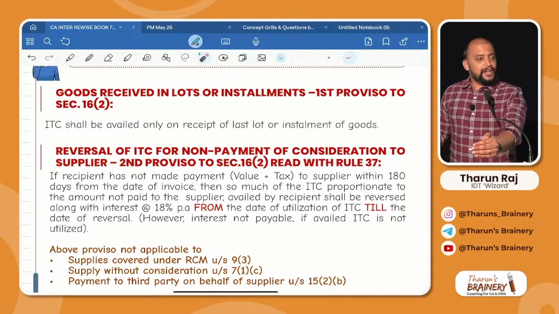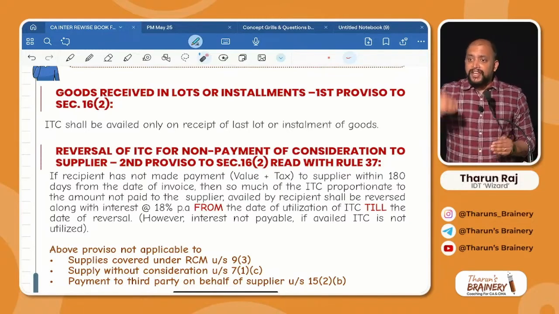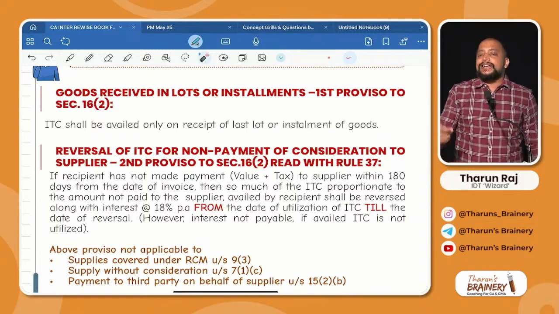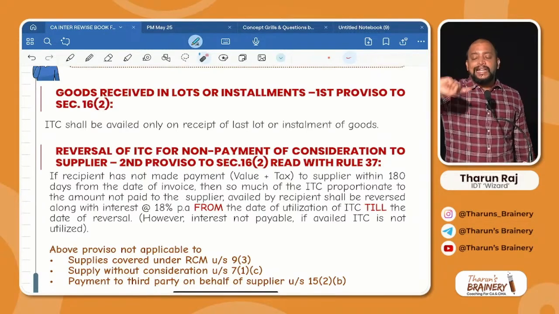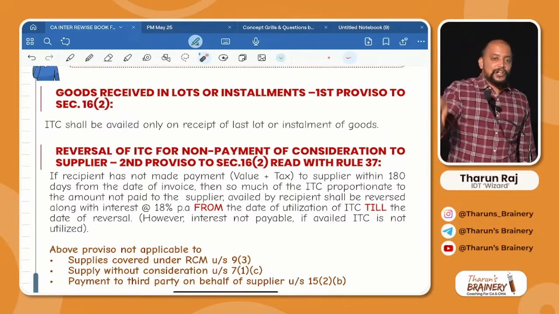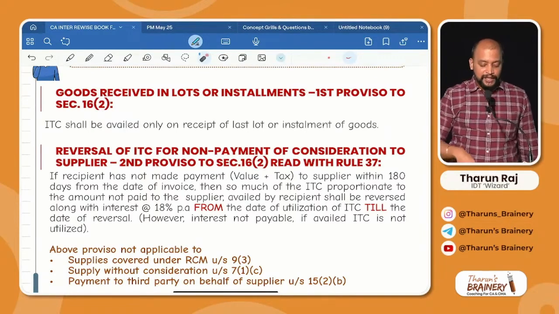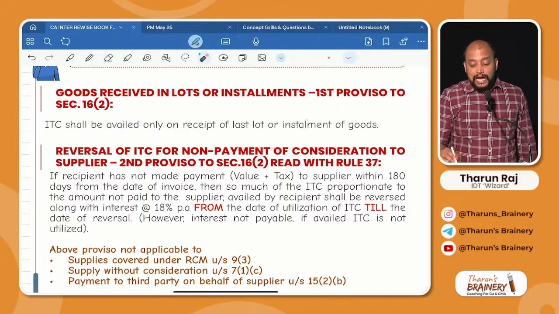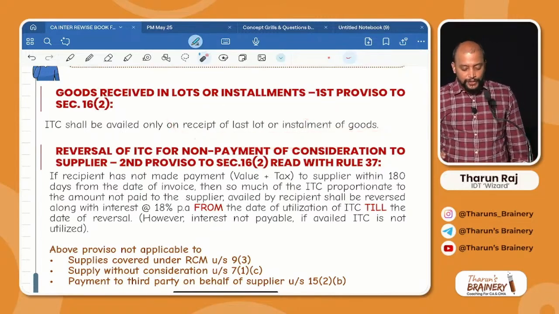First month I am delivering 40. Second month I am delivering 40 units. Third month I am delivering 30 units. When can you take ITC for this 100 units? Only in the last month. So you cannot take 40 units first month, 40 units second month and 30 units third month. ITC shall be availed only on receipt of last lot or installment of goods.